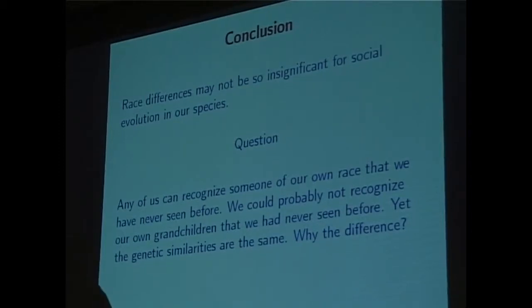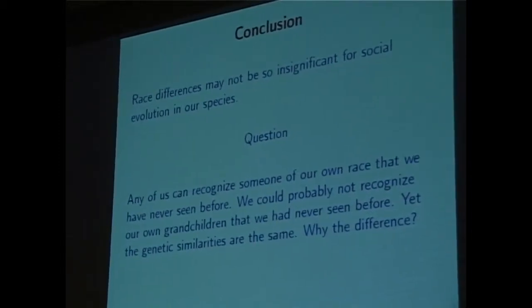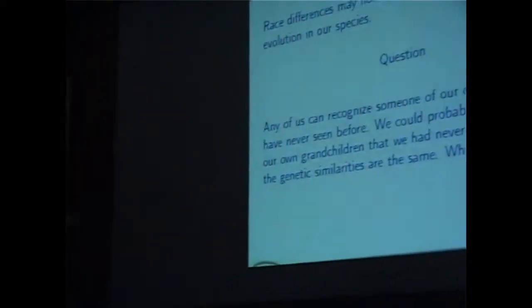And here, I think, is a very interesting question for all of us interested in human evolution. Any of us can recognize someone of our own race that we've never seen before. Any of us can walk into Heathrow Airport or Nairobi or Narita or Peking, and we can say, that was a European, there's an African, etc. We can do it 100% of the time.